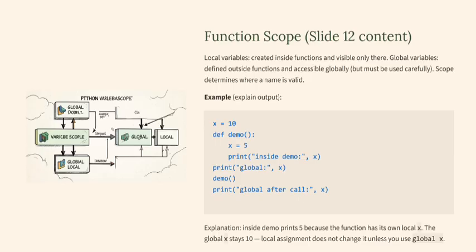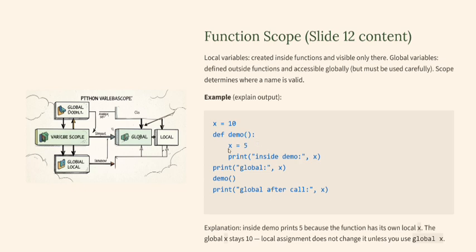A local variable is a variable created inside a function. It can only be accessed inside that particular function. Let's understand with an example. Suppose we create a function here, define demo parentheses.